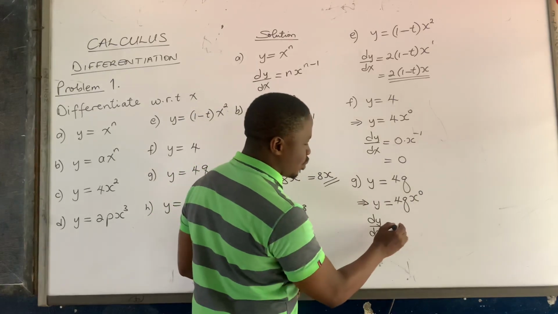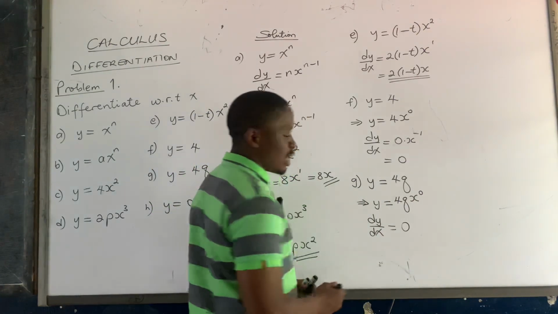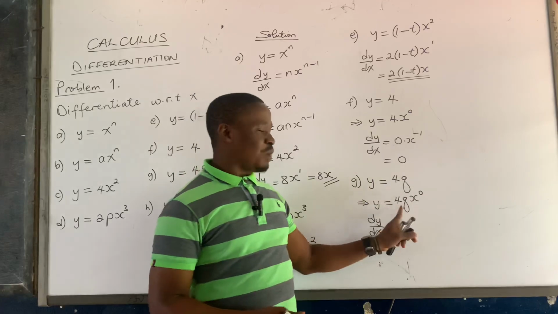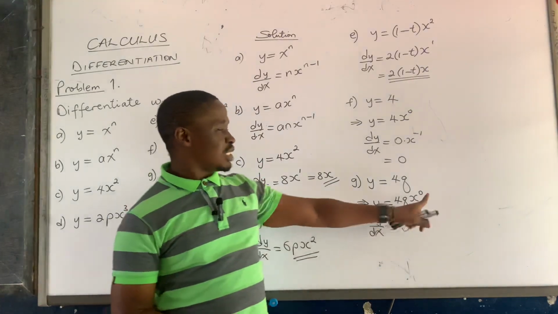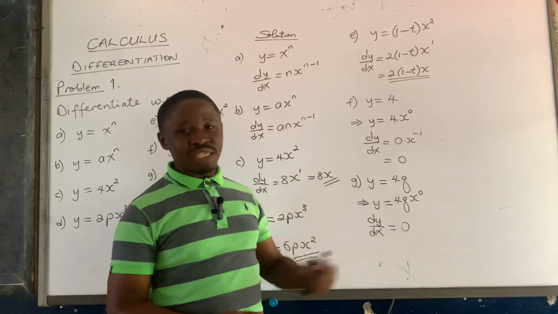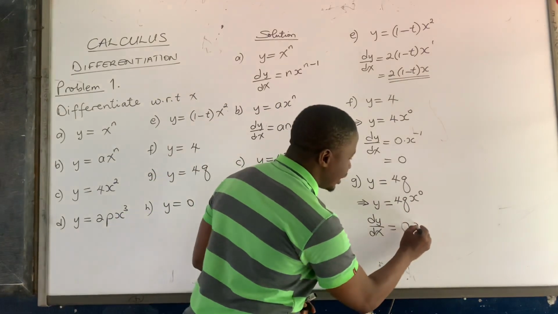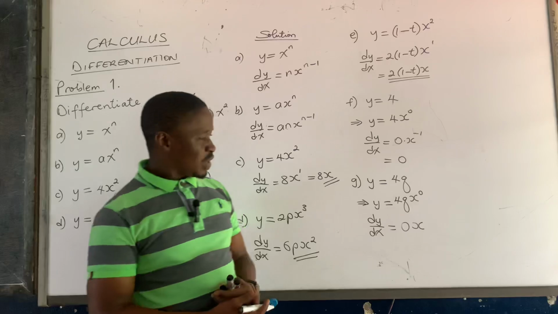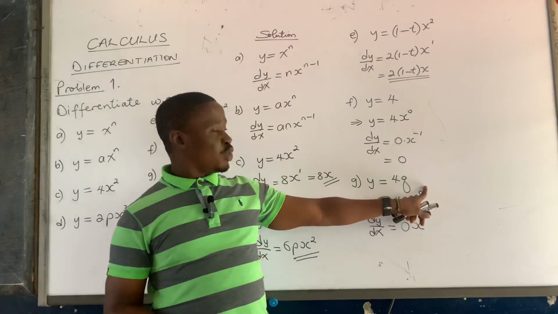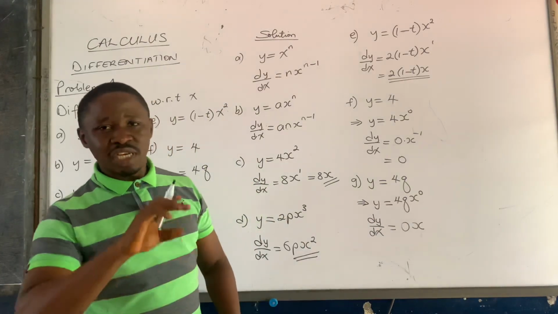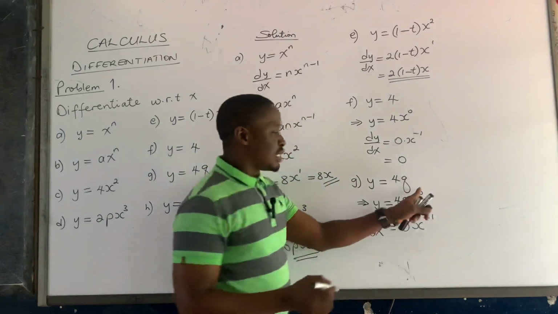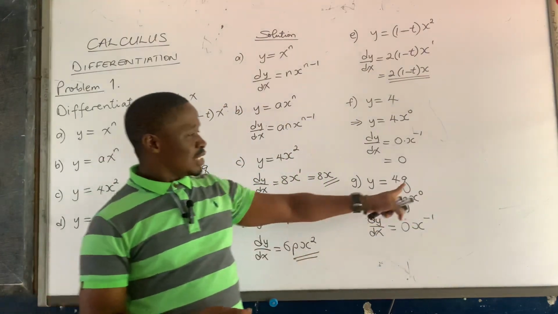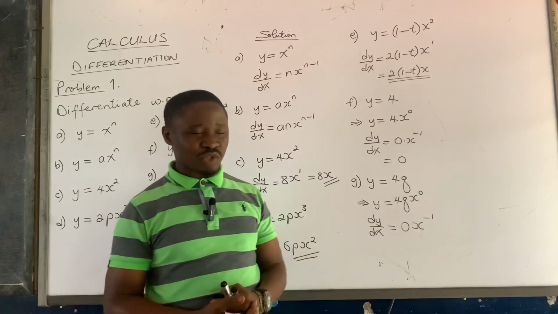0 times 4q is 0. Remember, 0 multiplying any value is 0. So what about 0 multiplying 4q? It is 0. We have the variable. So what next do we do? The power subtracting 1, so we get minus 1. 0 minus 1 is minus 1.